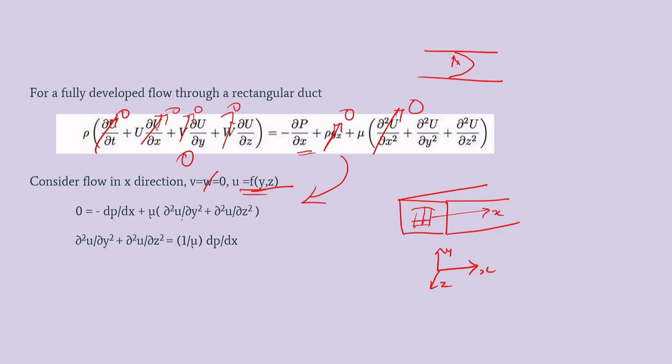Rearranging, we are taking minus dp by dx to the other side, so it becomes positive, and also dividing by mu. So the equation becomes dou square u by dou y square plus dou square u by dou z square is equal to 1 by mu dp by dx.